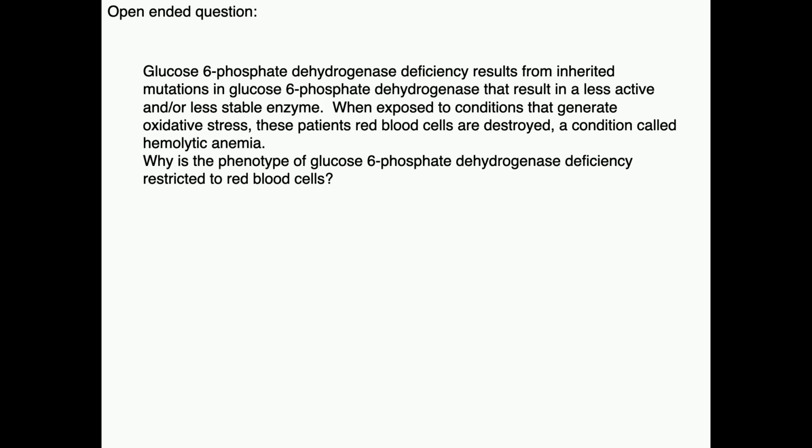I think that's a good thought, and that's definitely part of it, is that the red blood cells have oxygen, and they also have iron, so they're a big source of oxidative stress. But there's kind of a deeper level when you think about how could any other cell respond, and how could a red blood cell respond to oxidative stress?